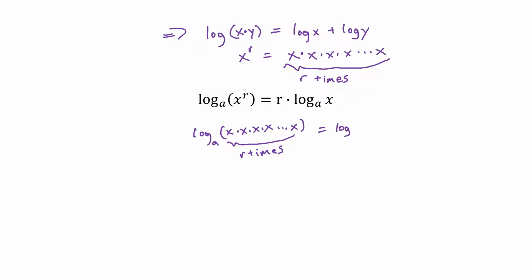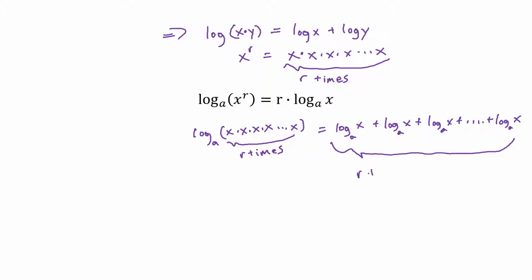So it'll be log of x plus log of x plus log of x, and we'll keep adding that r times. So remember, repeated addition is basically just multiplication. So this is like saying r times log base a of x.